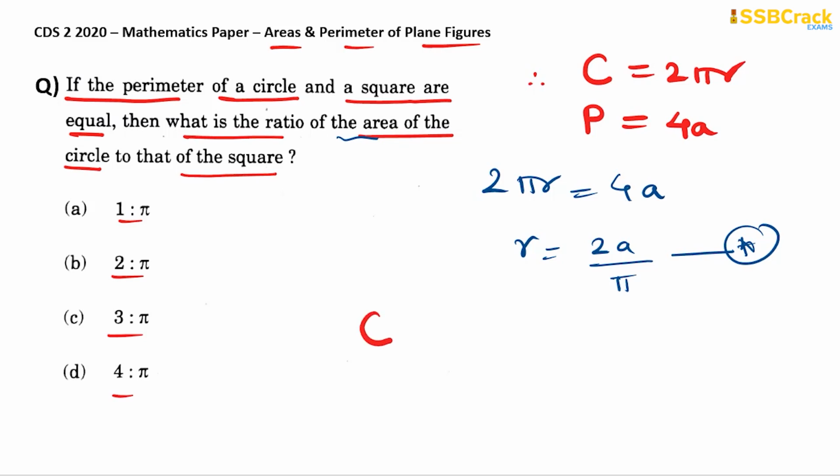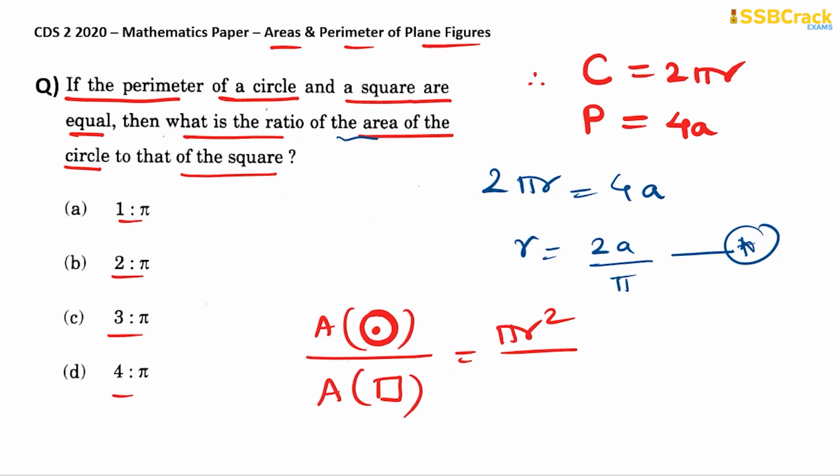So we have to calculate the ratio of the area of the circle to the area of the square. What is the area of circle formula? It's pi r square, and the area of square formula is side square, where a is the side of the square. So this equals pi r square. What was r we got?